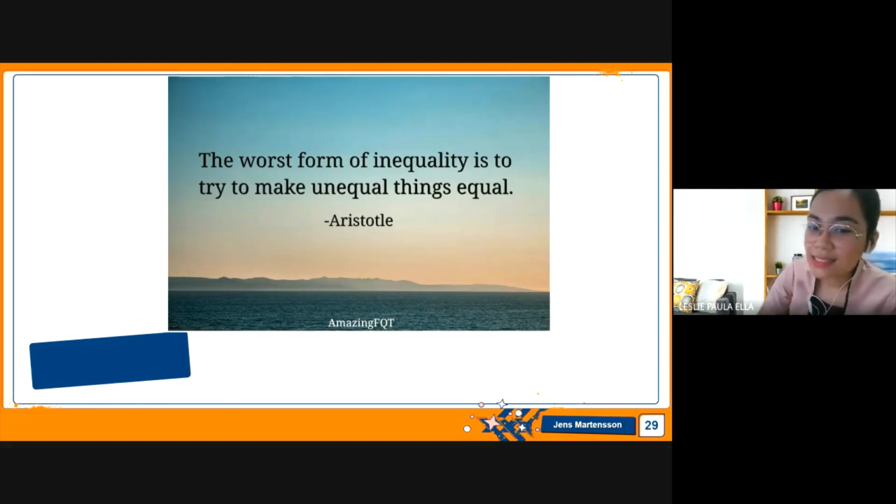I can say that this quote is telling us that people who are in a situation of disadvantage should be given consideration. We give consideration to those who are in need before we compare them to people who are in a better position. So that's it for our lesson for today.